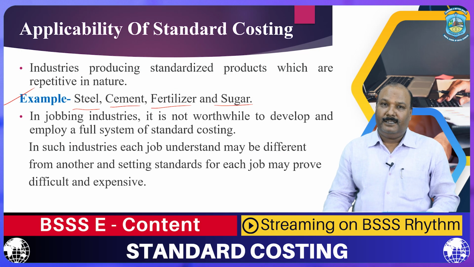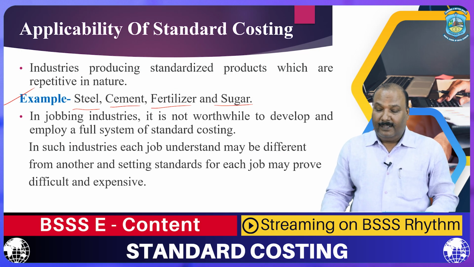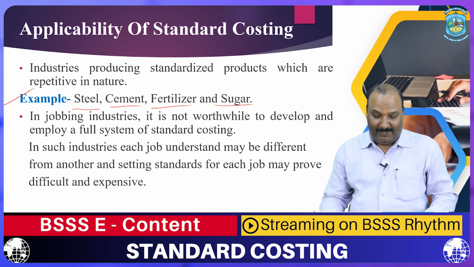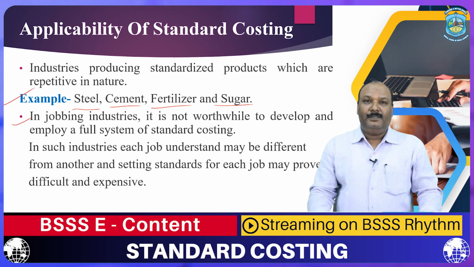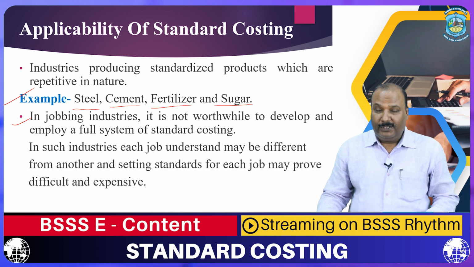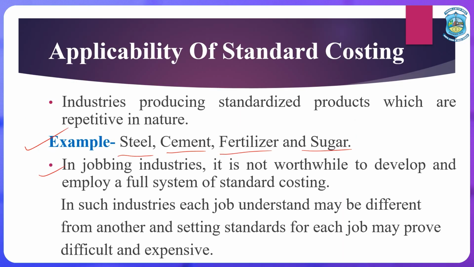These are some industries where standard costing is applicable. If we talk about the jobbing nature, where different products are produced according to the demand of the customers, the production is not of the same kind. So, this cannot be applicable in such industries.